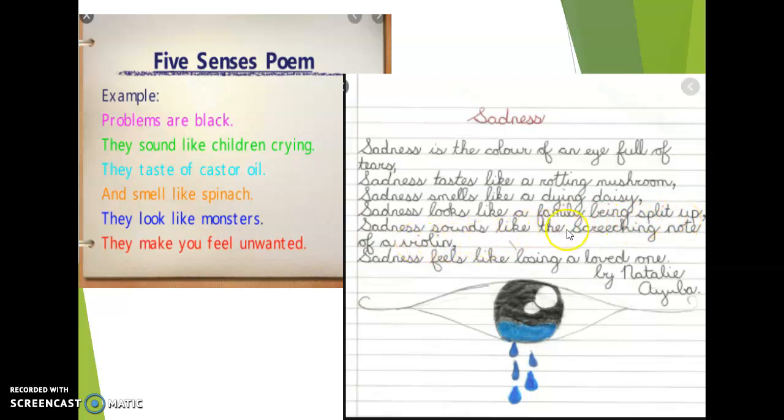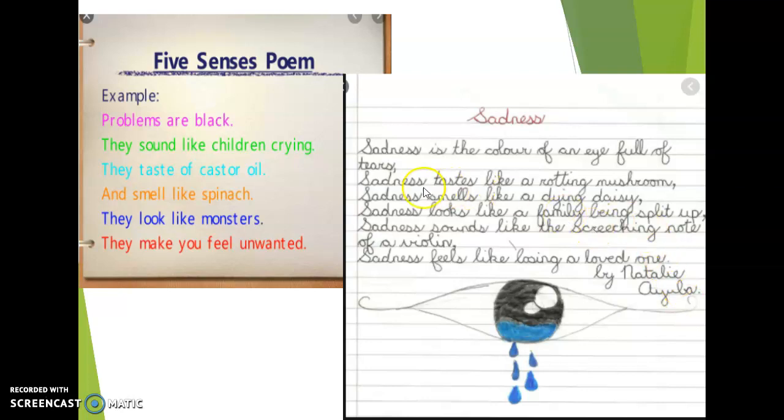Sadness sounds like the screeching note of a violin. Sadness feels like losing a loved one. By Natalie Aruba. And I love her illustration of an eye here. Very well written, very well detailed.